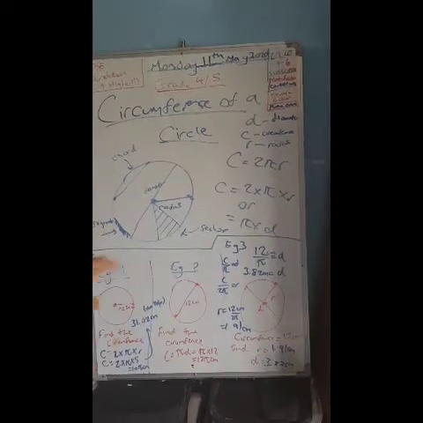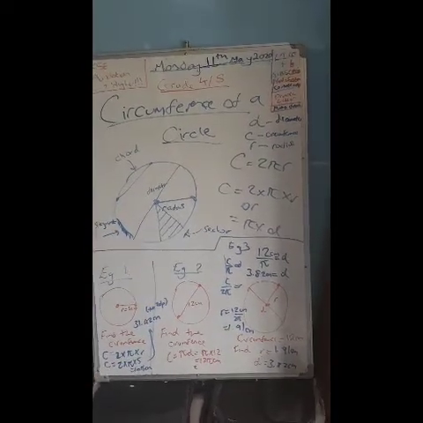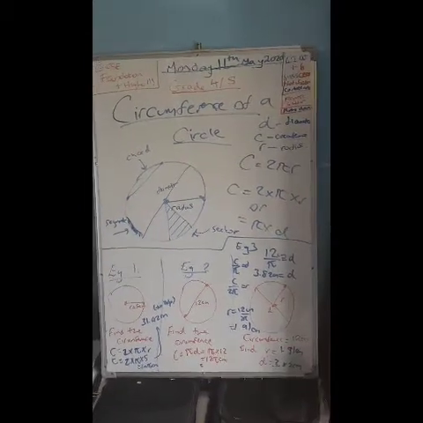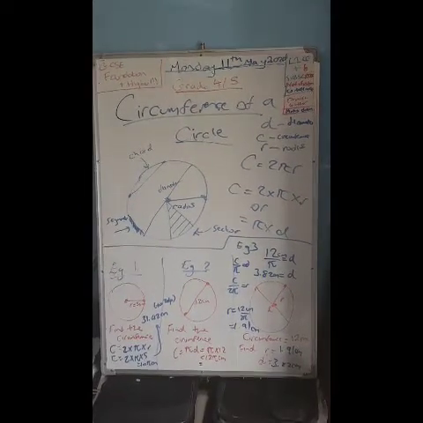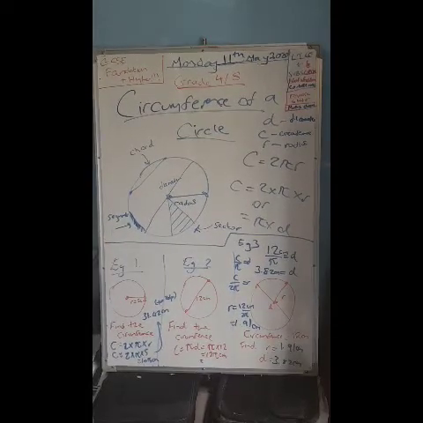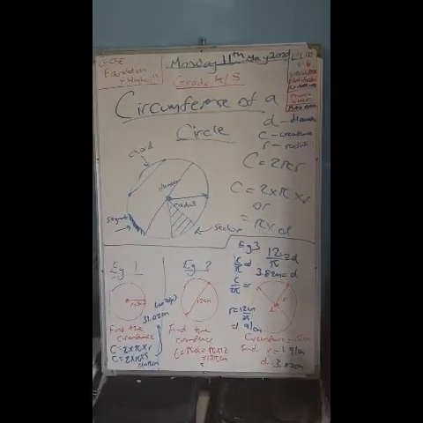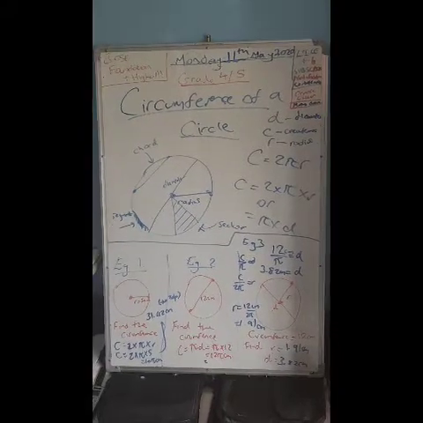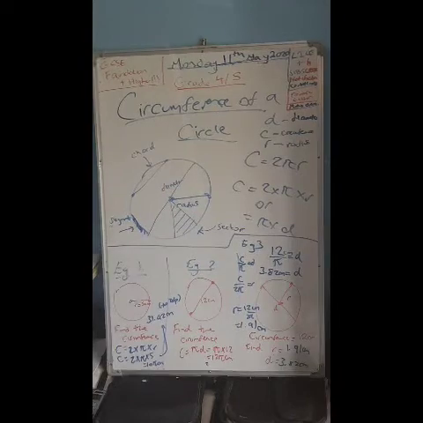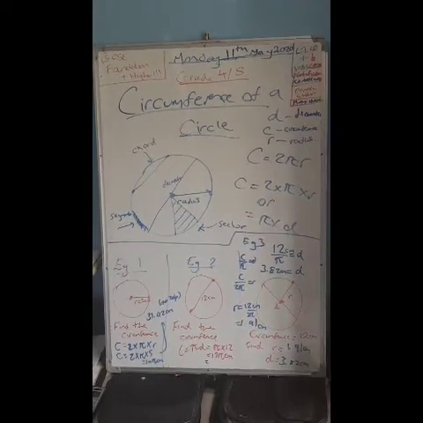A segment is part of a circle. This will all be relevant when I look at areas, lengths of arcs, and perimeters of segments and so on. We will come on to that in future videos, so we will not worry about it for today's lesson.